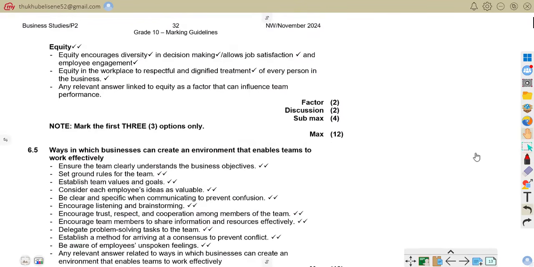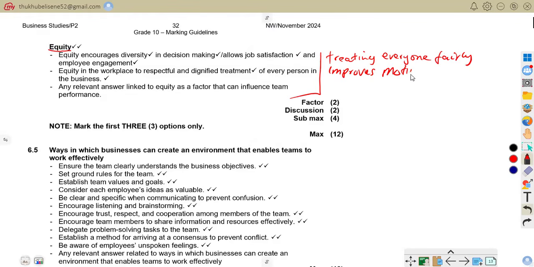So now we have what we call equity. So equity means treating everyone fairly improves motivation and cooperation.